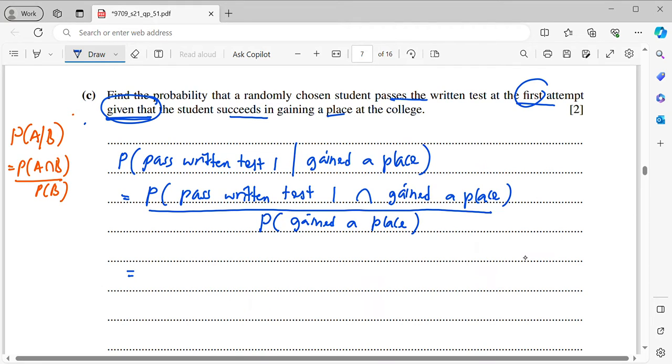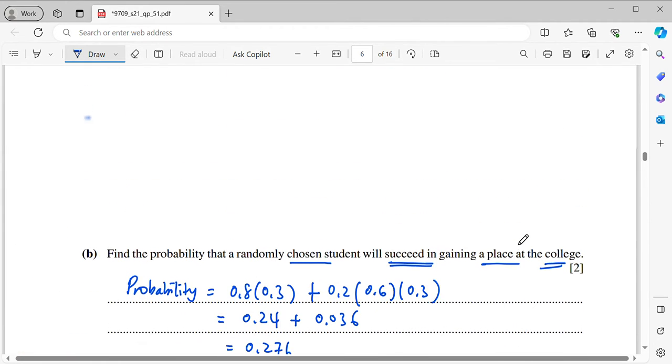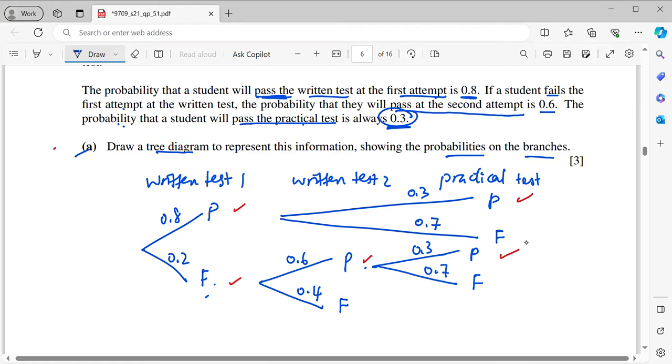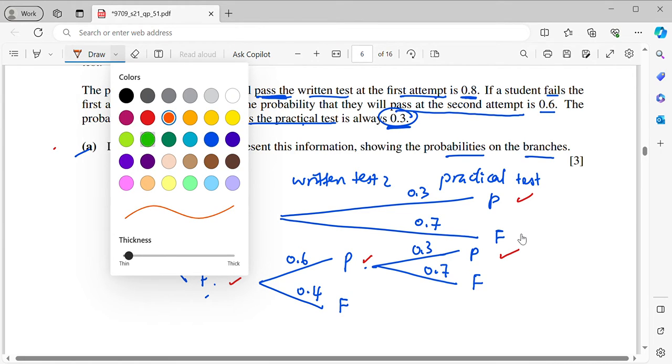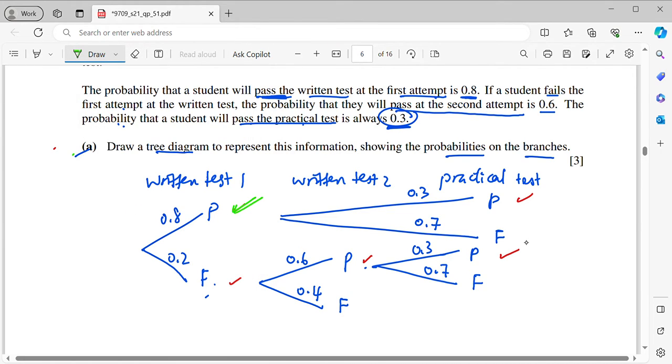So pass written test 1 and gain the place, that is the first case. That means pass the written test 1 and pass the practical test, which is 0.8 times 0.3.